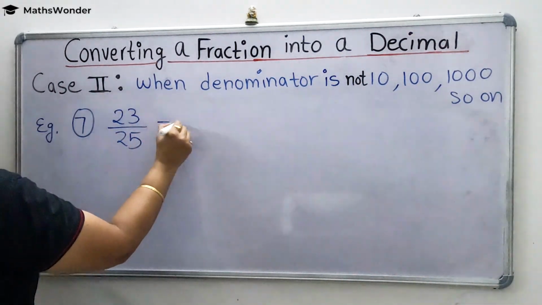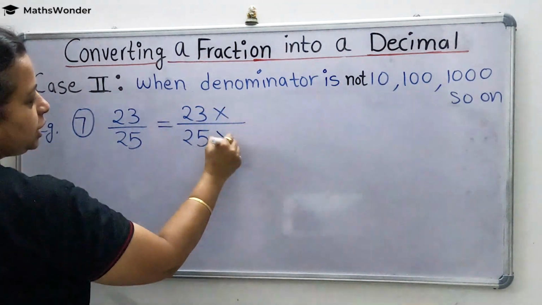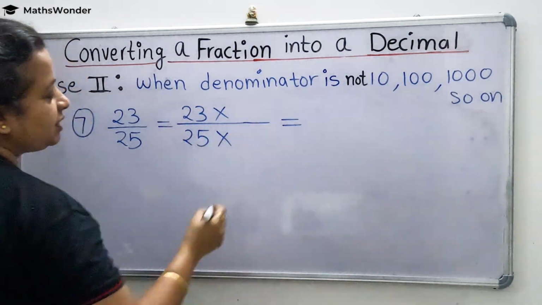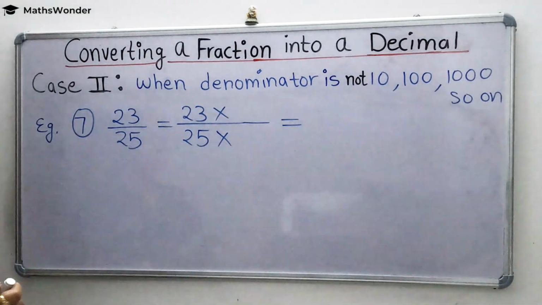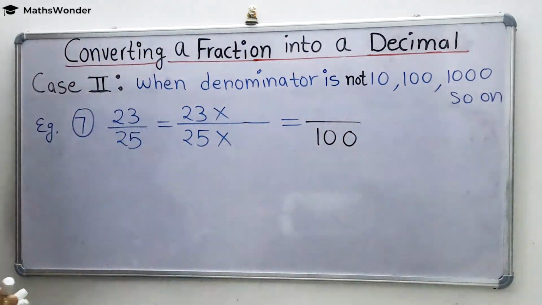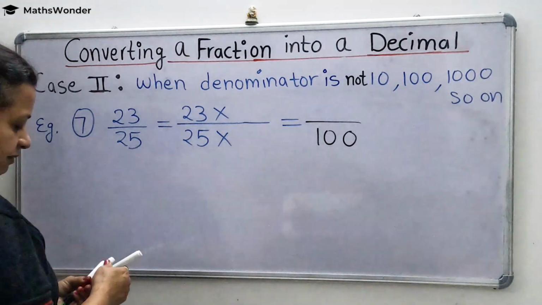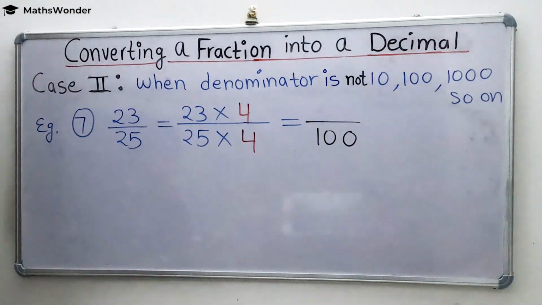Which number will you multiply in both numerator and denominator so it becomes 10, 100, or 1000? Definitely 10 is not coming, 100 will be the number. So 25 times what number will give 100? 4. So 23 times 4 is? Tell me fast.